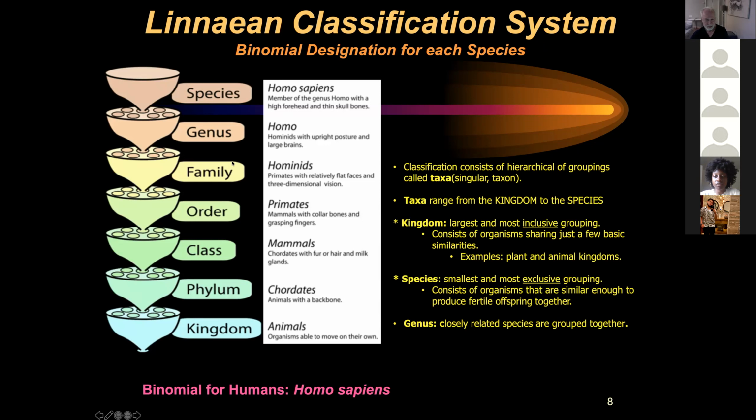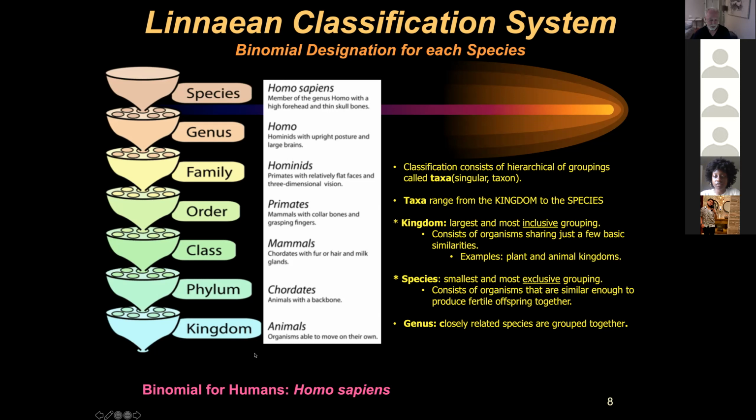Each one of these is a taxon. And they range from a kingdom, which is the largest and most inclusive group, to the species at the top, which is the smallest, most exclusive group. And this consists of organisms that are similar enough to each other that they can produce offspring together.